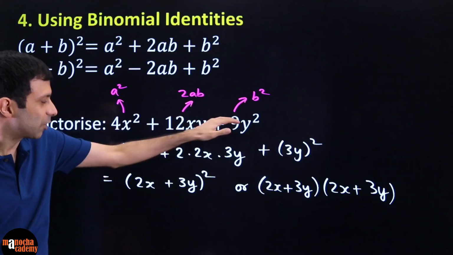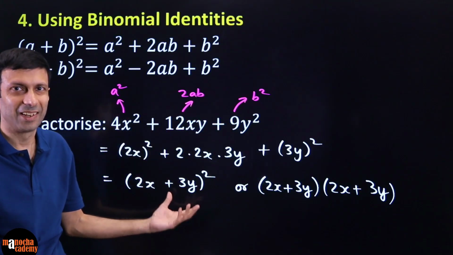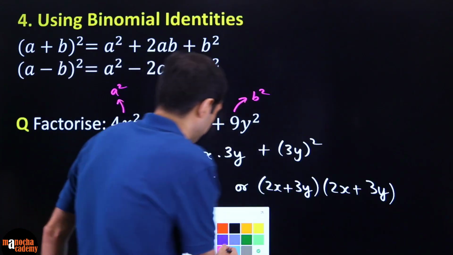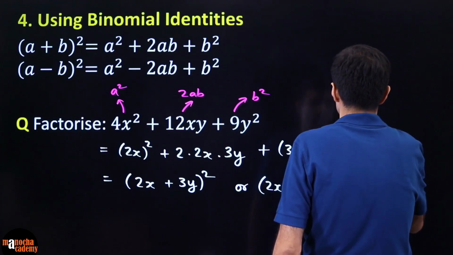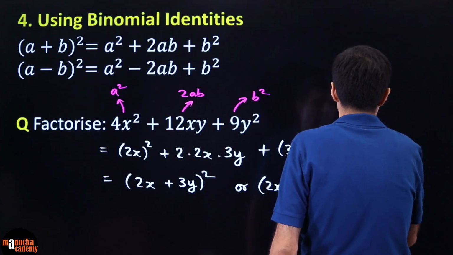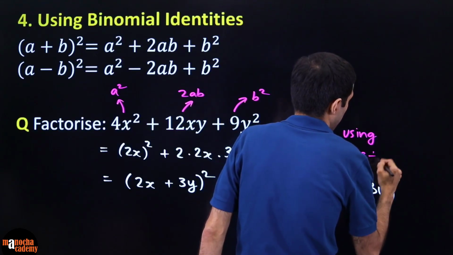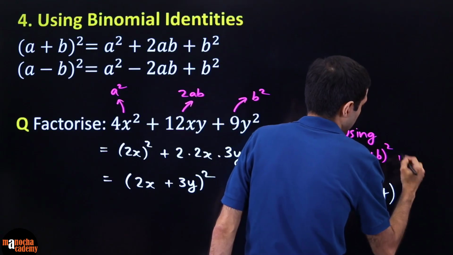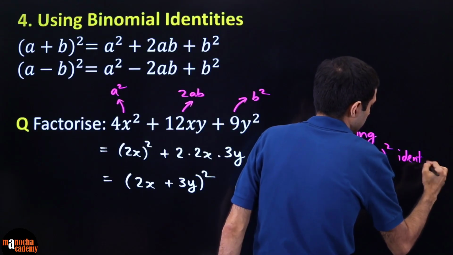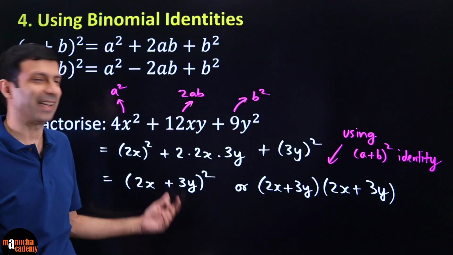So see, we have taken this expression and broken it down into its products, into its factors. Clear? And what have we used? Using the a plus b whole square identity.